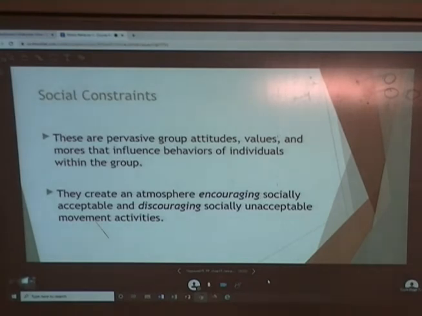These ideas and attitudes can encourage certain movement patterns that are deemed socially acceptable, like baseball in America, and they can discourage other movement patterns that wouldn't be considered useful within that society or culture, right?